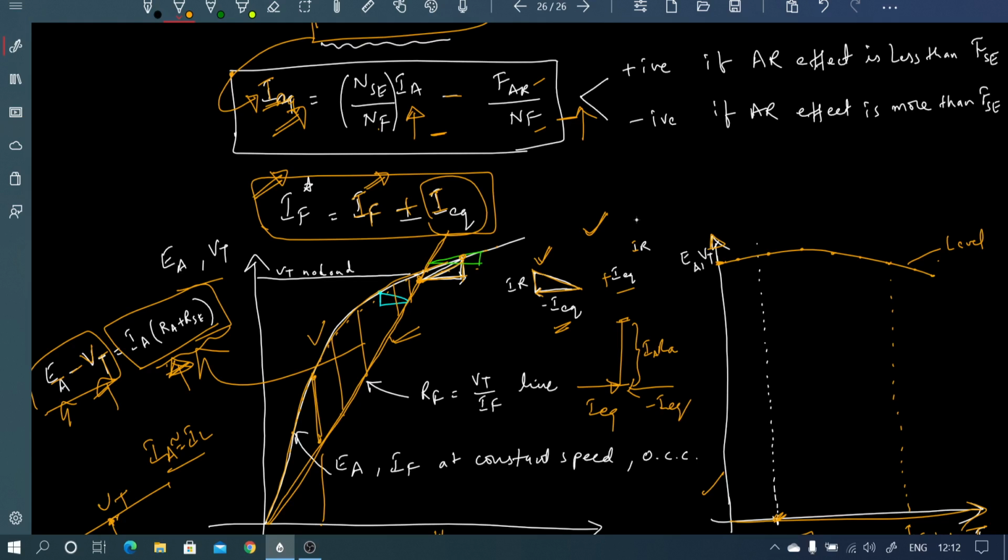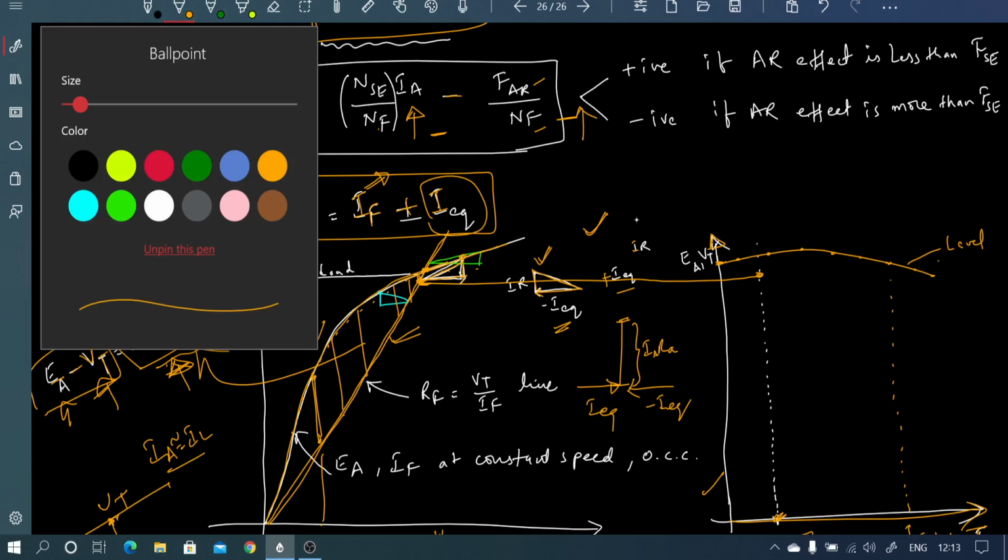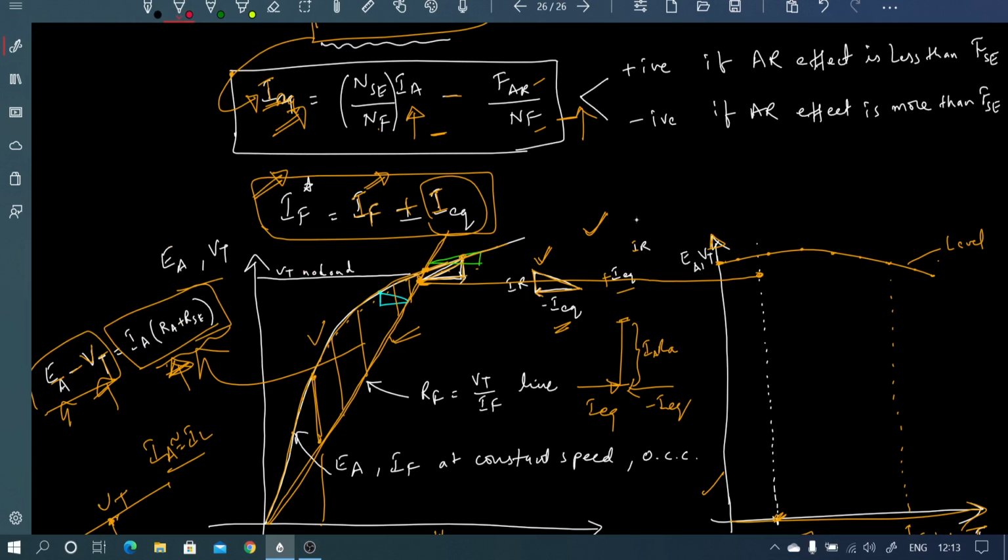Once I know this, I can calculate the terminal voltage, this value. So this is no load. No load is where the E_A line crosses the V_T line. This is the no load point, right? For any other loads, I can now calculate this triangle, place it on this, and then find the corresponding terminal voltage.